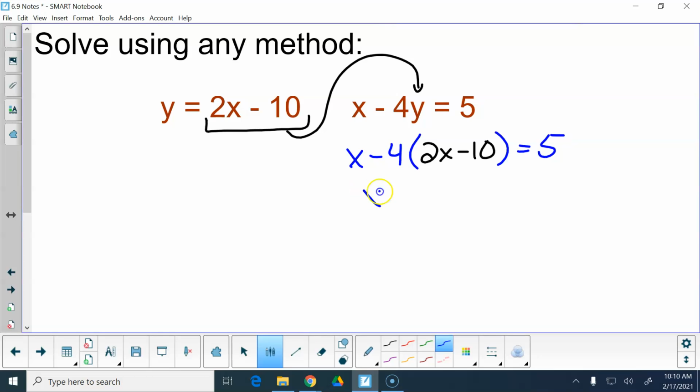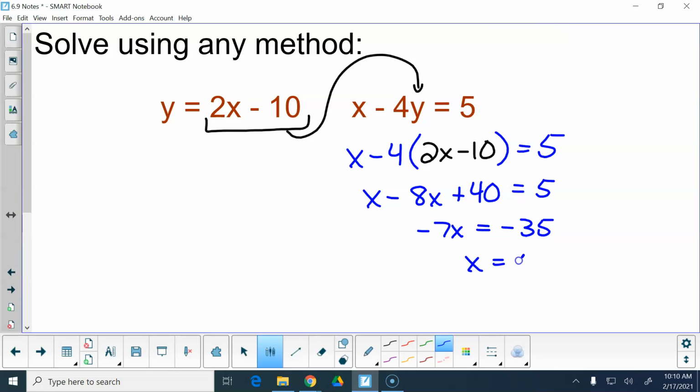So that would be x minus 8x plus 40 equals 5. So that's going to be negative 7x equals negative 35.